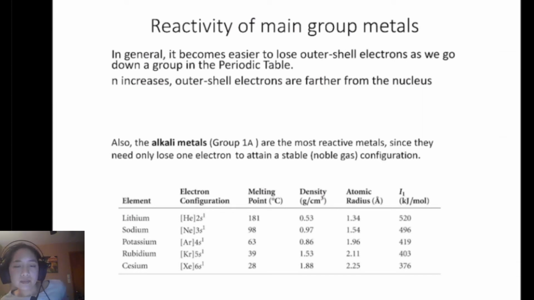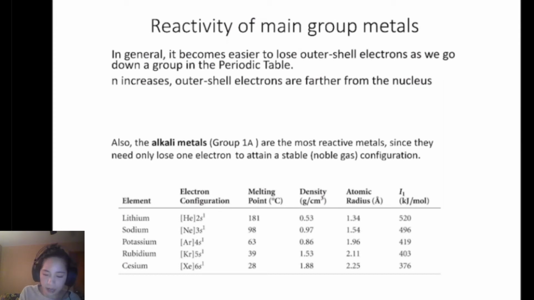In general, it becomes easier to lose outer shell electrons as we go down the group in the periodic table. We know that the radius gets larger, and it's easier to pluck off an outer shell electron because n increases as you go down the group, so outer shell electrons are further away from the nucleus.